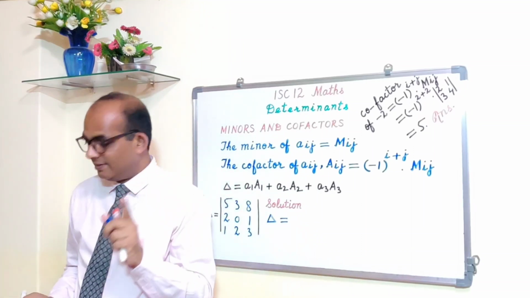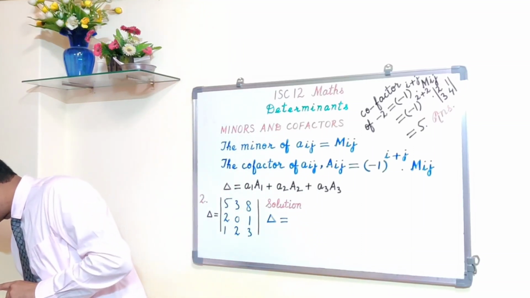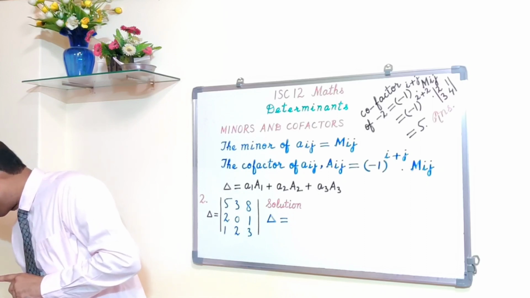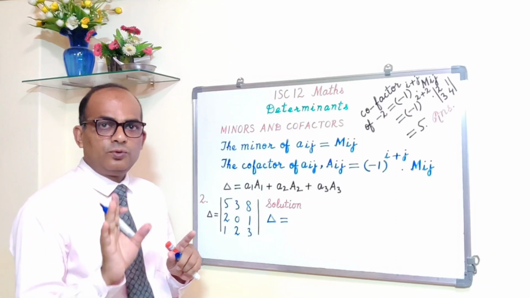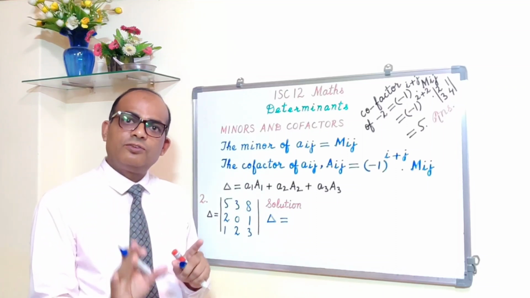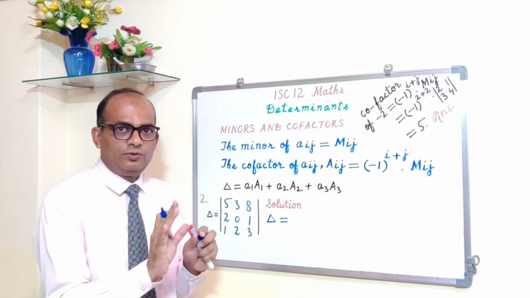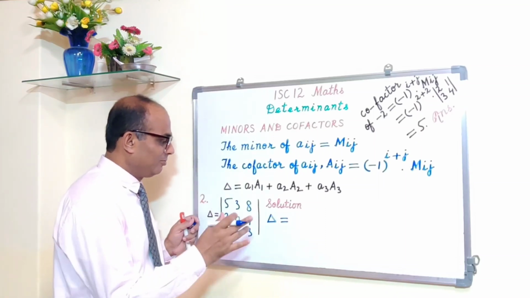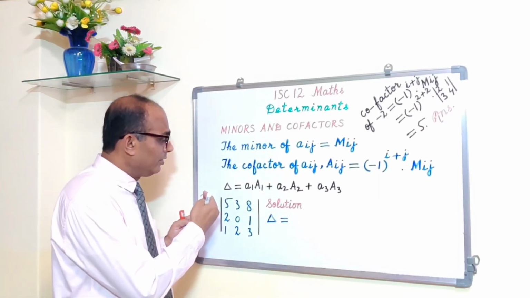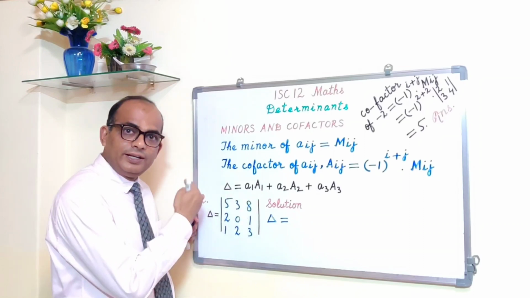And the question says, using cofactors of elements of the second row. We don't have freedom here. Otherwise, we can expand along any row and any column.